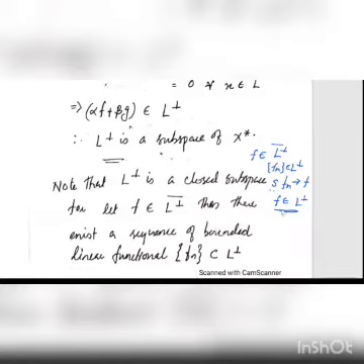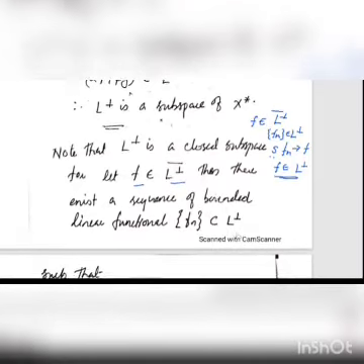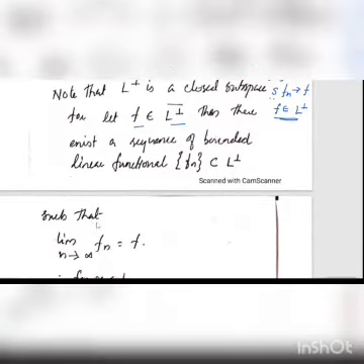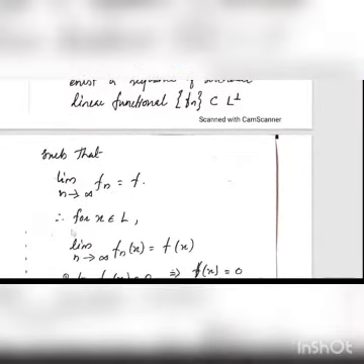Once you prove this, you get that the annihilator set is closed. So you take F belonging to the annihilator's closure, then there is a sequence of bounded linear functionals in the annihilator such that the limit as n tends to infinity of Fn is equal to F.